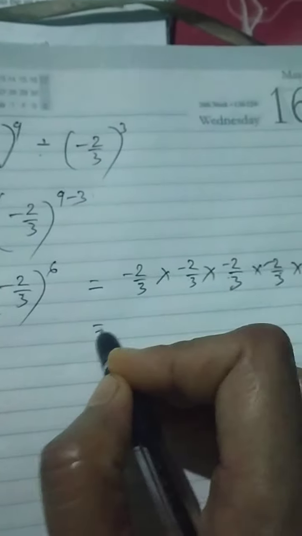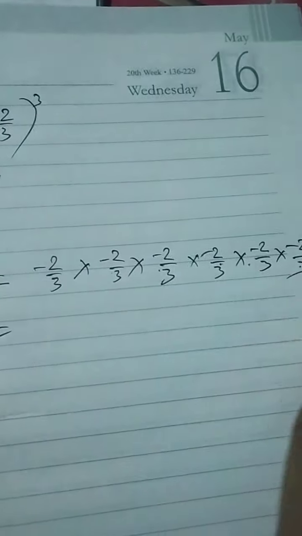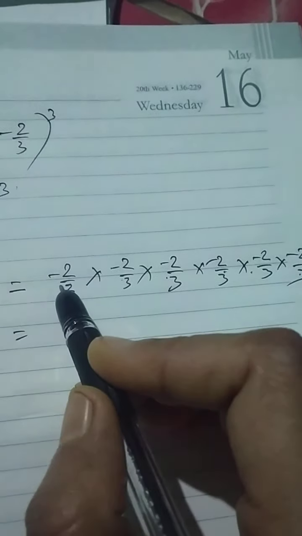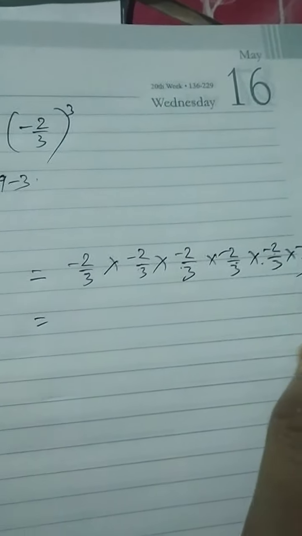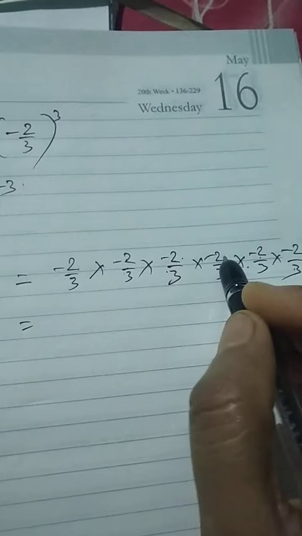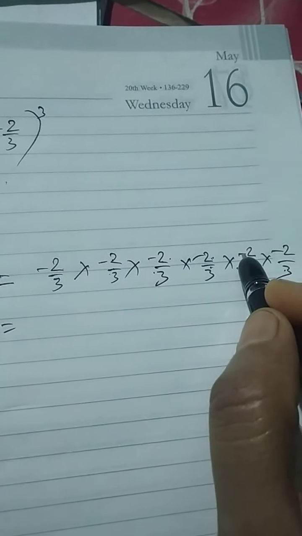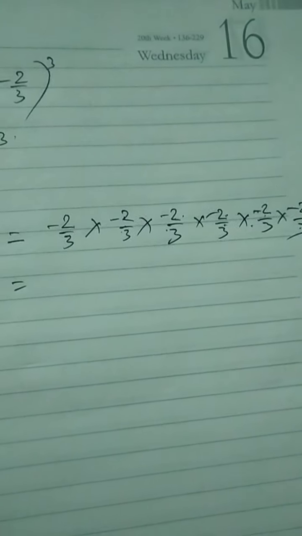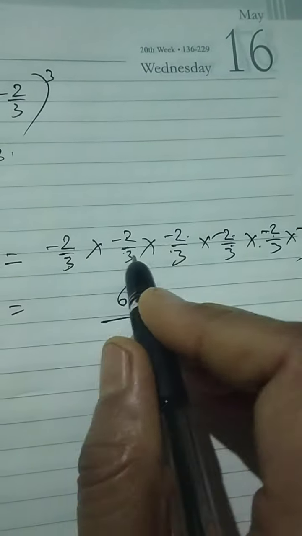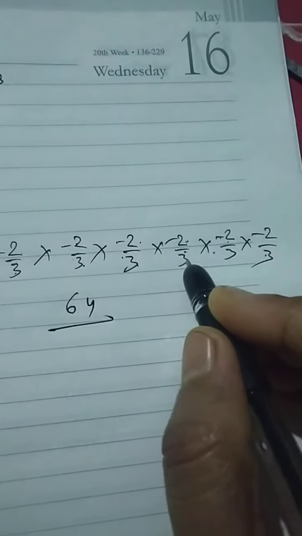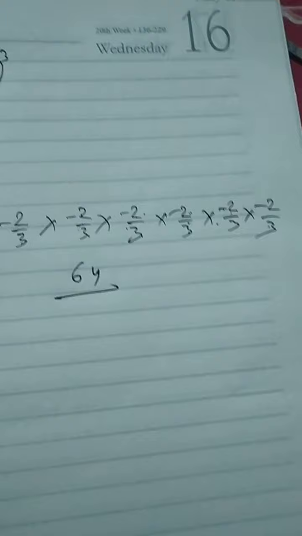Now 6 is an even number, so all the minus signs will change into plus, minus minus plus, minus minus plus. 2 2s are 4, 4 2s are 8, 8 2s are 16, 16 2s are 32, 32 2s are 64. And 3 3s are 9, 9 3s are 27, 27 3s are 81, 81 3s are what?